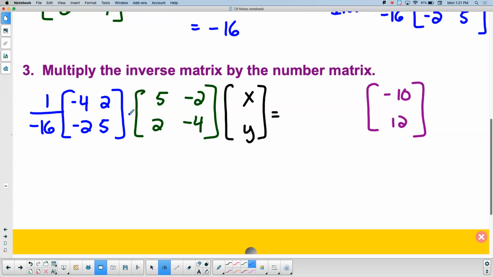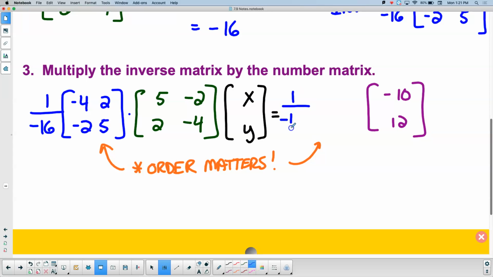I multiply there because remember, order matters when we're multiplying matrices. We did a couple of problems last week where A times B wasn't B times A. Since I'm multiplying on the left side there, I'm going to multiply on the left side over here.